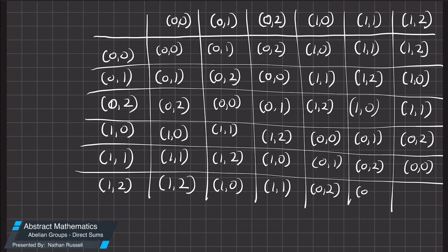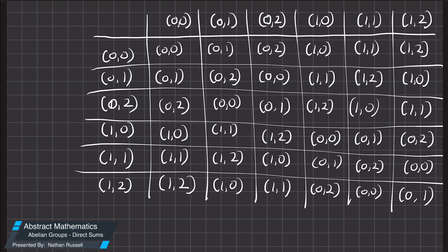And so we have 0, comma 0 here, and then what is 1 plus 1 is 0, and then 2 plus 2 is 4 mod 3 becomes 1. Now a quick check, in a Cayley table, every row and every column will have every element appearing exactly once. That's always a property of a group. In a Cayley table, every element will appear exactly once.